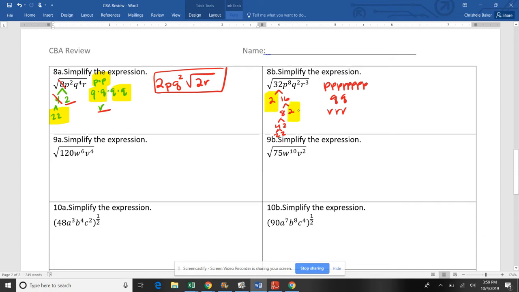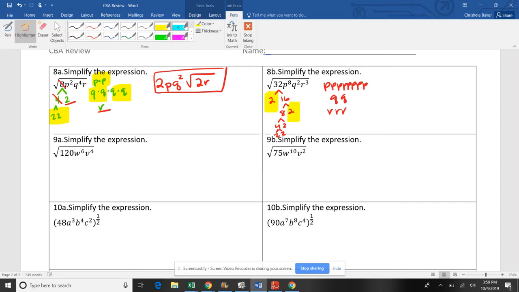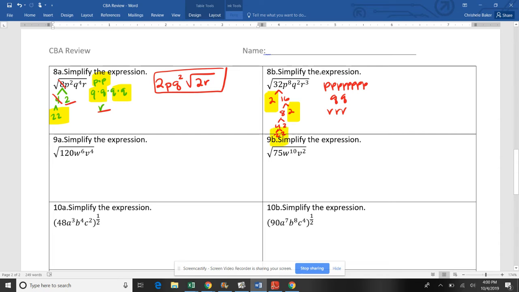So I have a group of 2s there. I have a group of 2s there. I have a leftover 2. I have a group of R's. I have a group of Q's. And I should have 4 groups of P's.